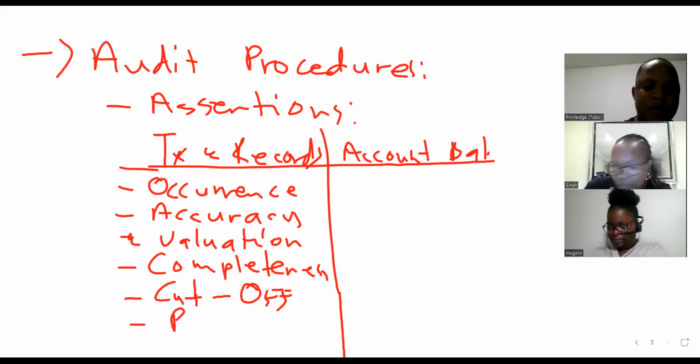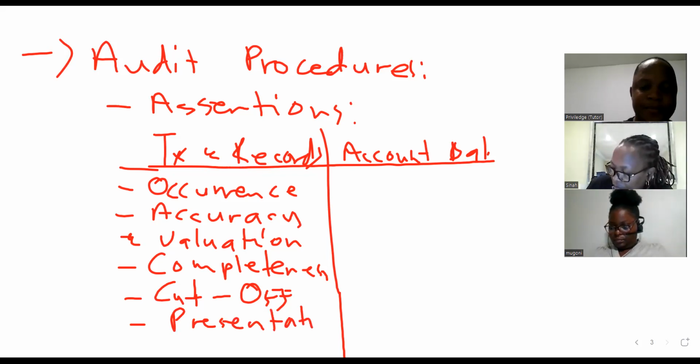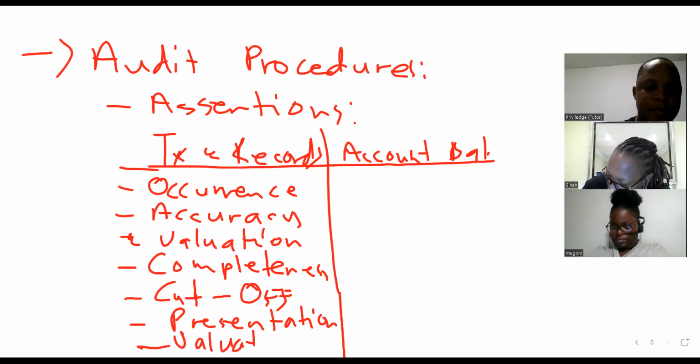Then one of the other ones, which they hardly test, is the presentation assertion, valuation, and allocation over there, just to list a few.